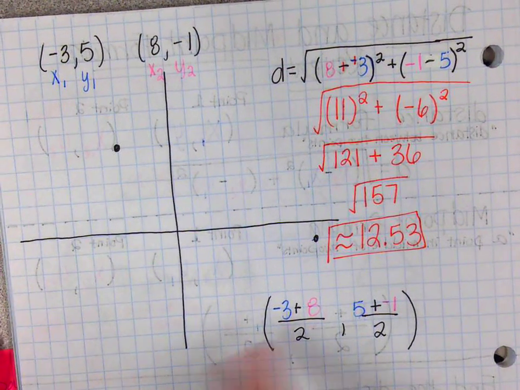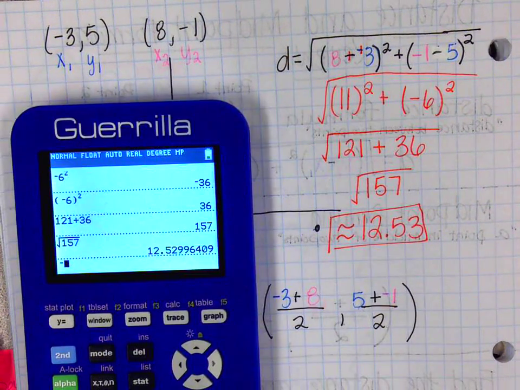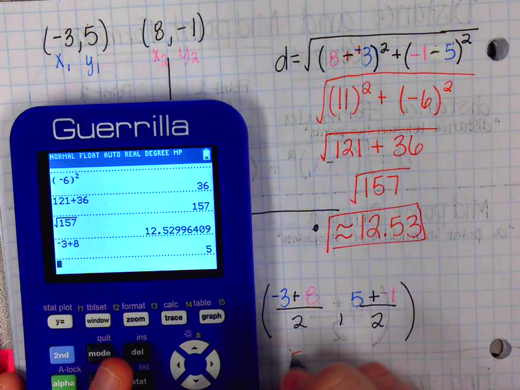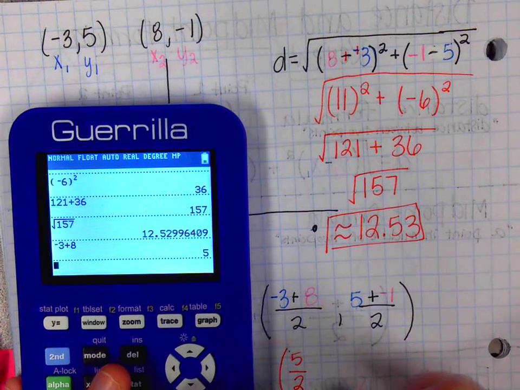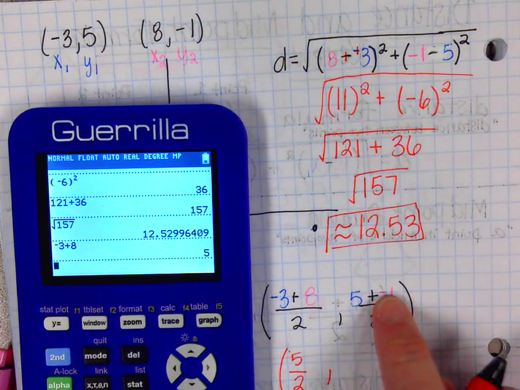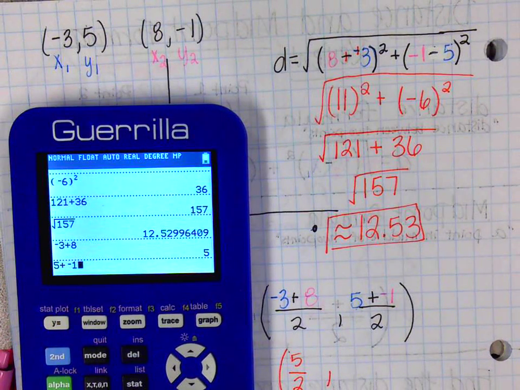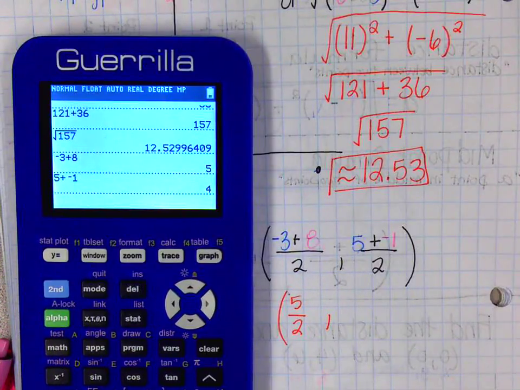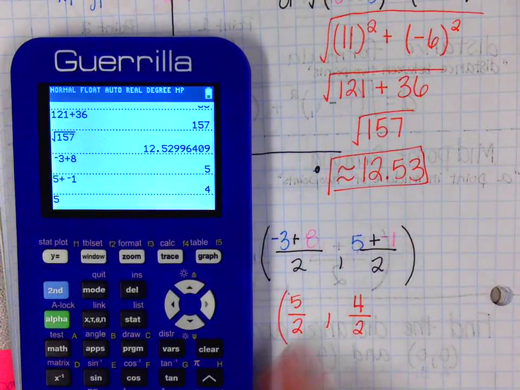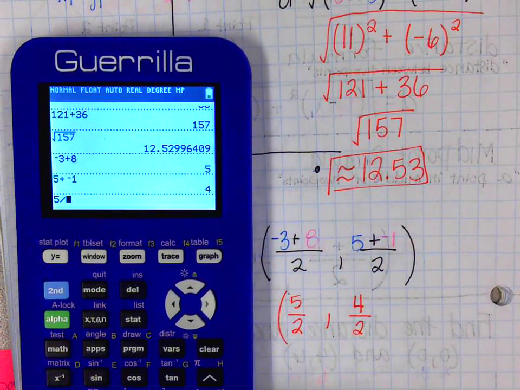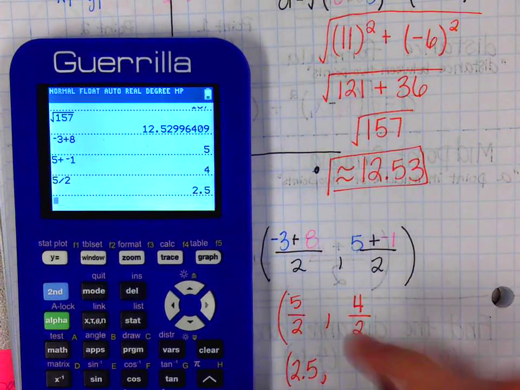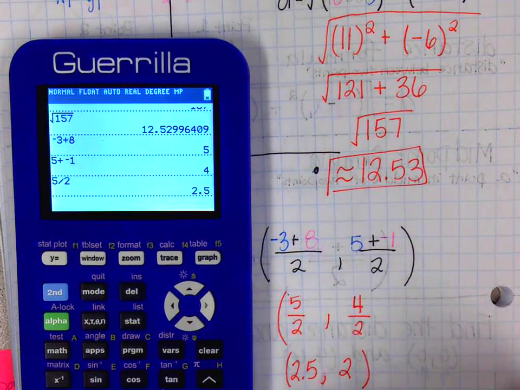If you add those together, -3 plus 8 is 5. So it'd be 5 divided by 2. 5 plus a -1, or 5 minus 1, would be 4 divided by 2. 5 divided by 2, remember, type 5 divided by 2, which is 2.5. 4 divided by 2 is 2.